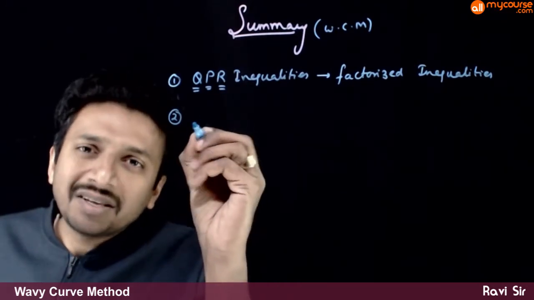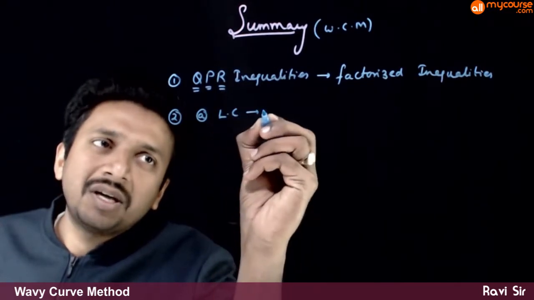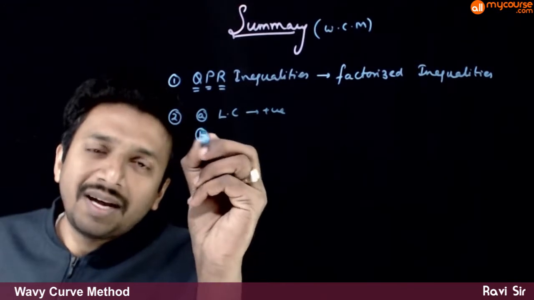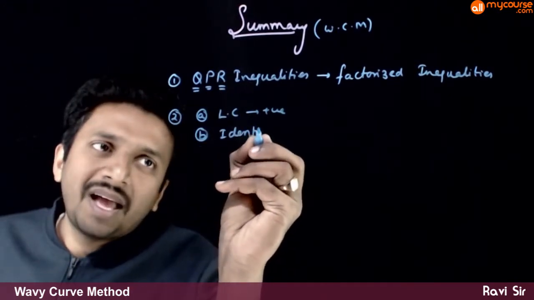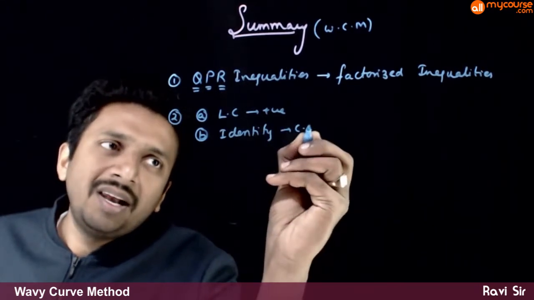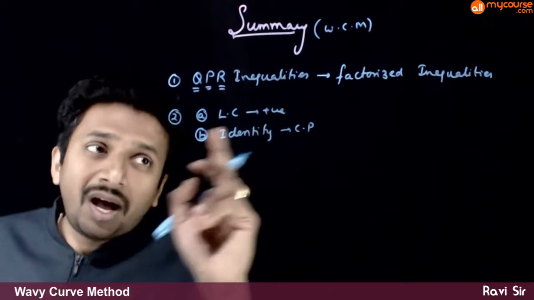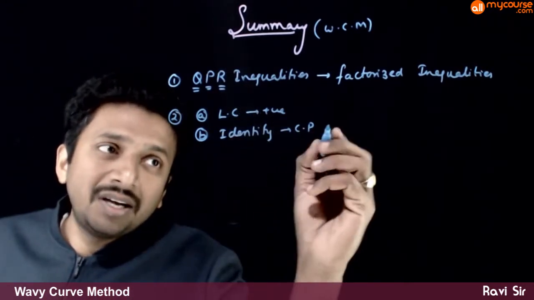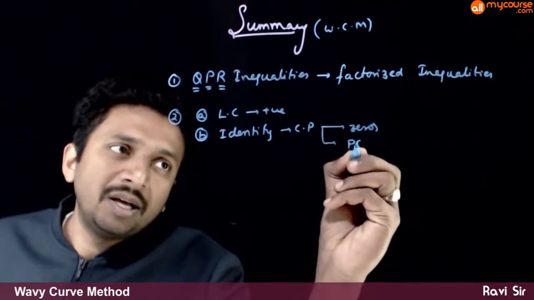And you have steps that you need to follow for wavy curve method. Wavy curve method has 3 to 4 steps. The first step is leading coefficient positive, make leading coefficient positive. And the second step is identify the critical points. For polynomials, all the critical points are the zeros. For rational inequalities, critical points are of two types, zeros and poles.